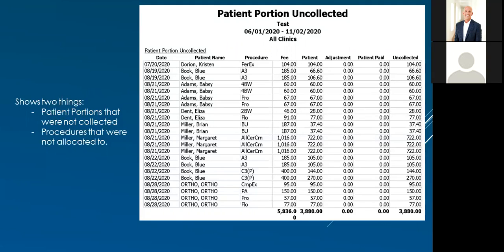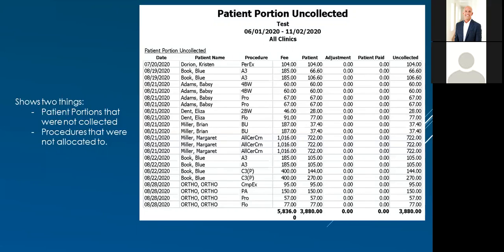So if you're paying your providers on collections, I do recommend that you run this daily, at worst weekly, to get these corrected, especially before you do payroll, so we can get the allocations corrected so that you're paying your providers correctly.